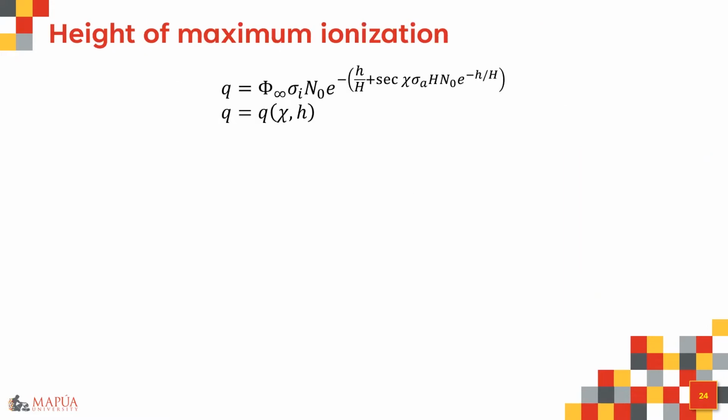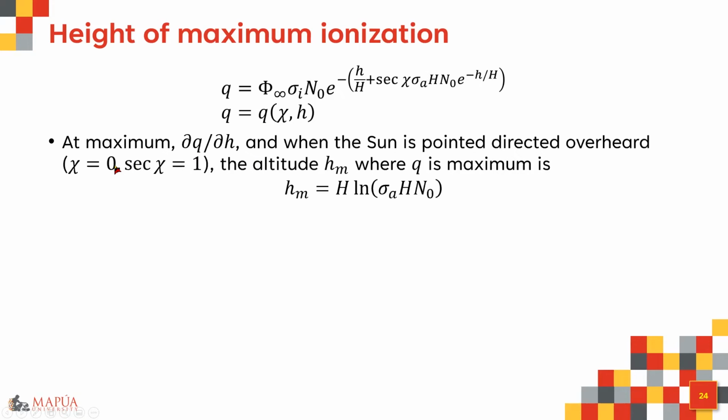So where is this height? If this is your ionization rate, to find it we just differentiate this function of height, and we set the zenith angle to be 0 for maximum ionization rate, because the sun would be directly overhead.